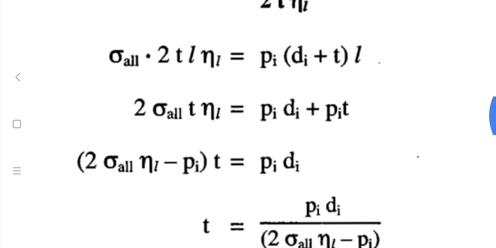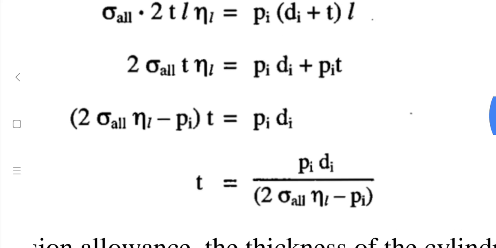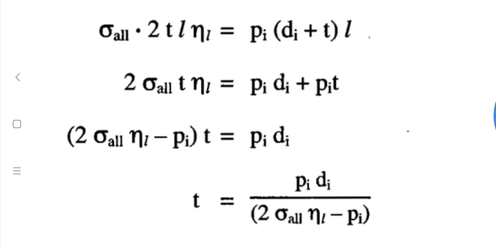By substituting this value, finally we can calculate the value of t is equal to Pi Di upon bracket 2 times sigma allowable eta L minus Pi. By rearranging the terms, we have the value of t, that is the thickness of pressure vessel shell.